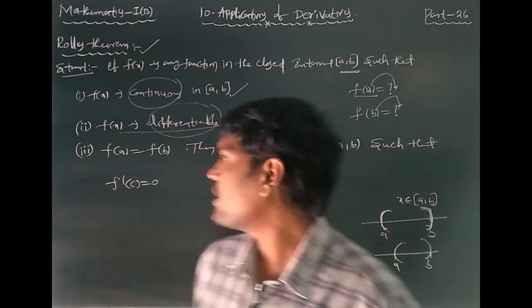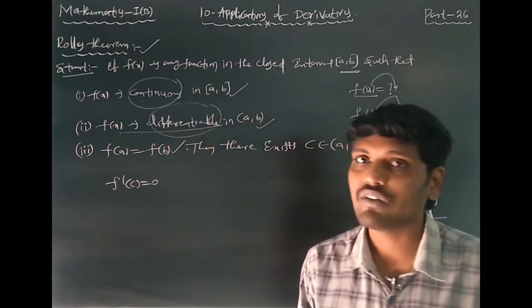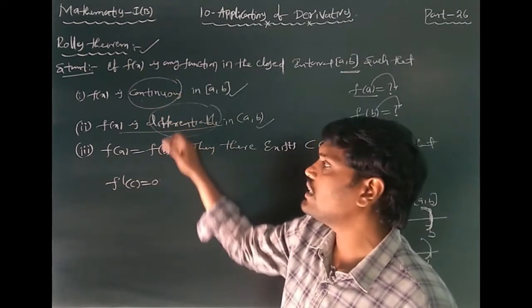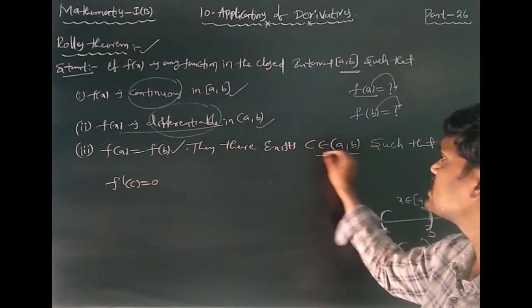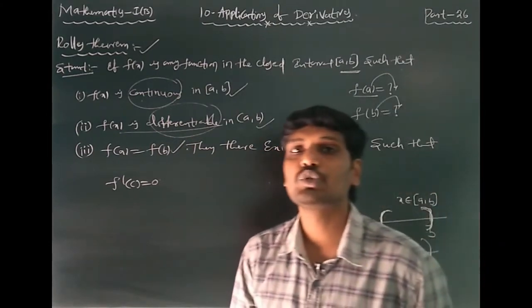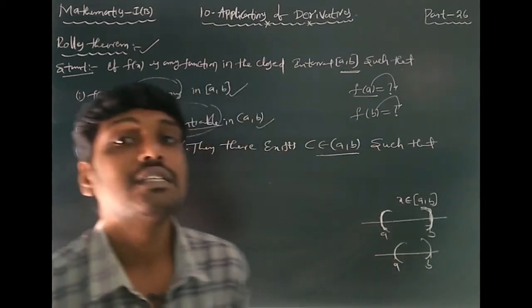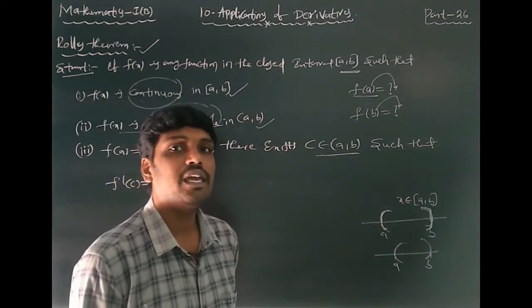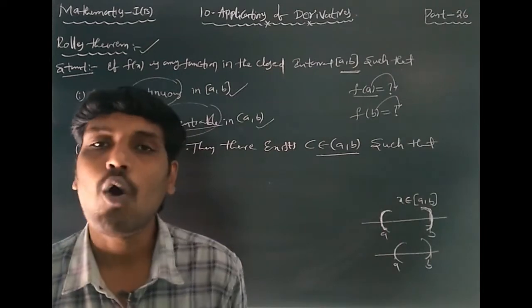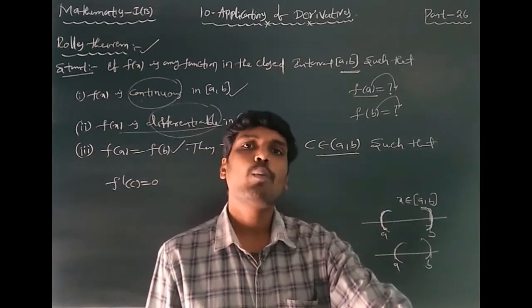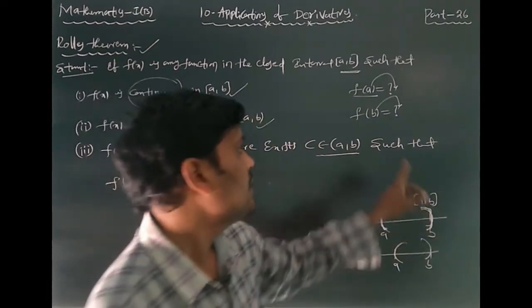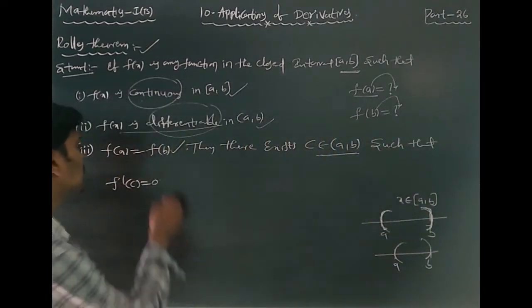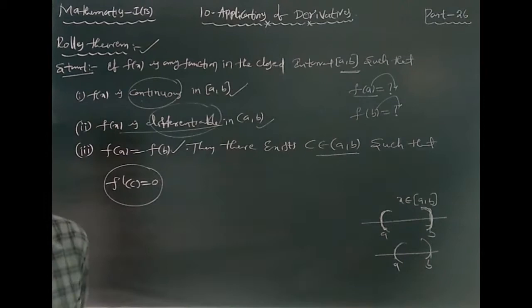Here f of a must be equal to f of b. If these 3 conditions are satisfied, then there exists c belonging to a comma b. Here a comma b is the open interval. In that open interval, c is some element such that f dash of c equals 0.